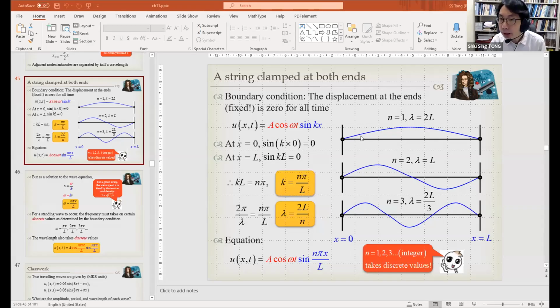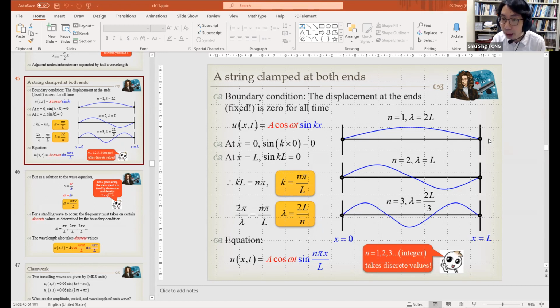This is a standing wave pattern that exists on a string that is tied at both ends. So the two ends are fixed, and we use this standing wave solution to match the boundary condition. This is what we have done in the previous lecture.